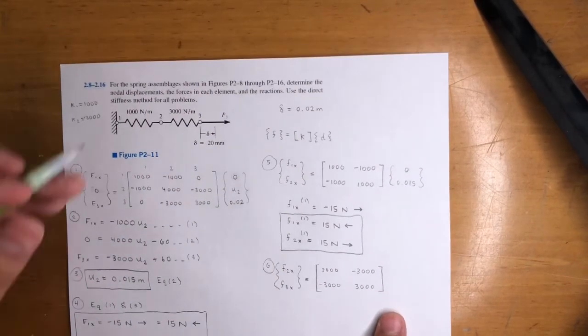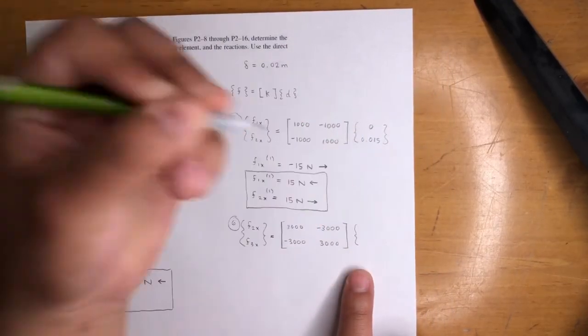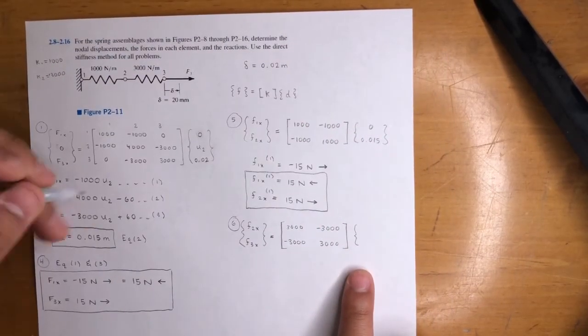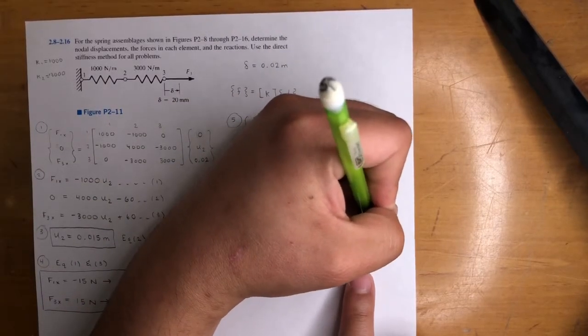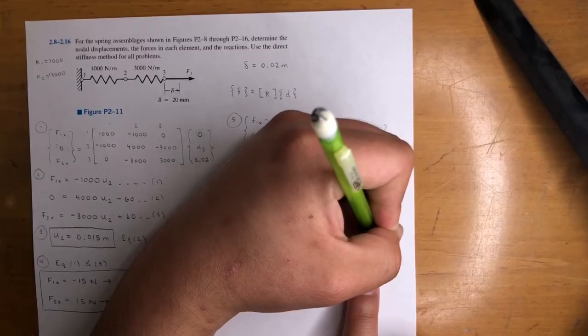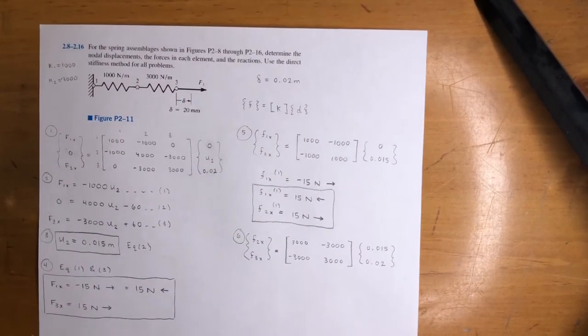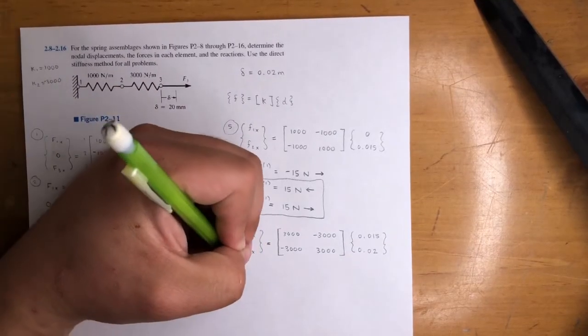And then it's again between nodes 2 and 3. So that vector here is U2, U3, which is 0.015 and 0.02. There you go. Let's keep solving, right?